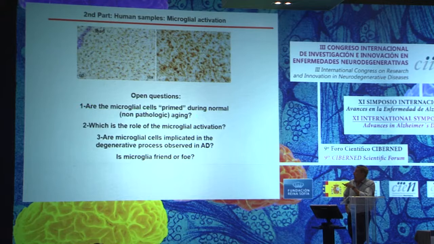And the first one is if the microglial cells are primed, in the sense that they could be partially activated with aging. Also, of course, we don't know which is the role of the microglial activation in Alzheimer's disease, and even we don't know if these cells are implicated or not in the progression of the pathology.